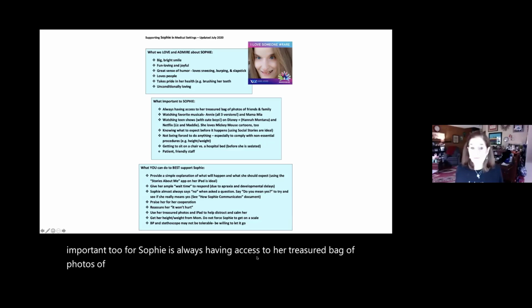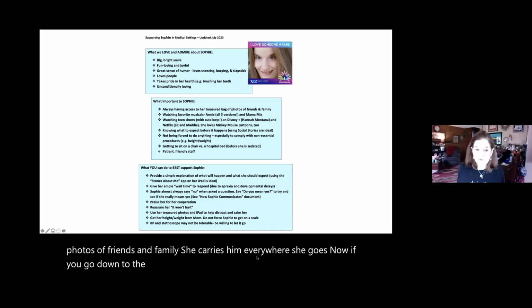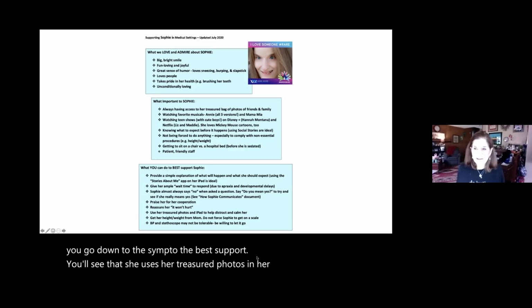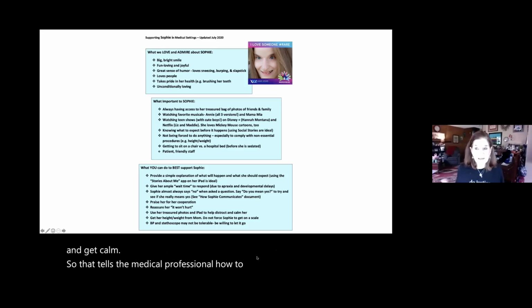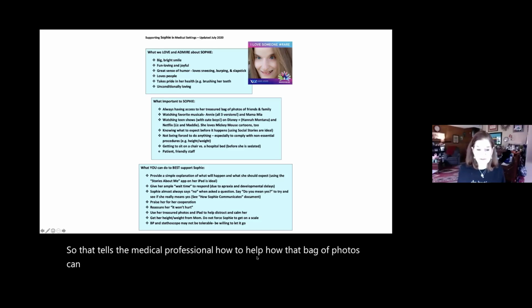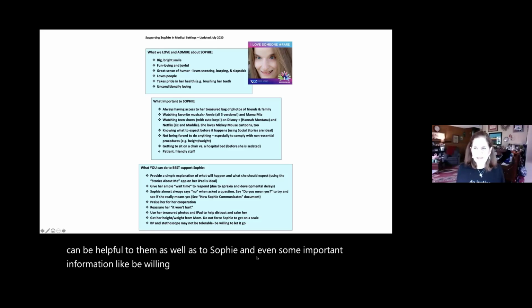She carries them everywhere she goes. Now, if you go down to the best support, you'll see that she uses her treasured photos in her iBed to help distract and get calm. So that tells the medical professional how that bag of photos can be helpful to them as well as to Sophie.